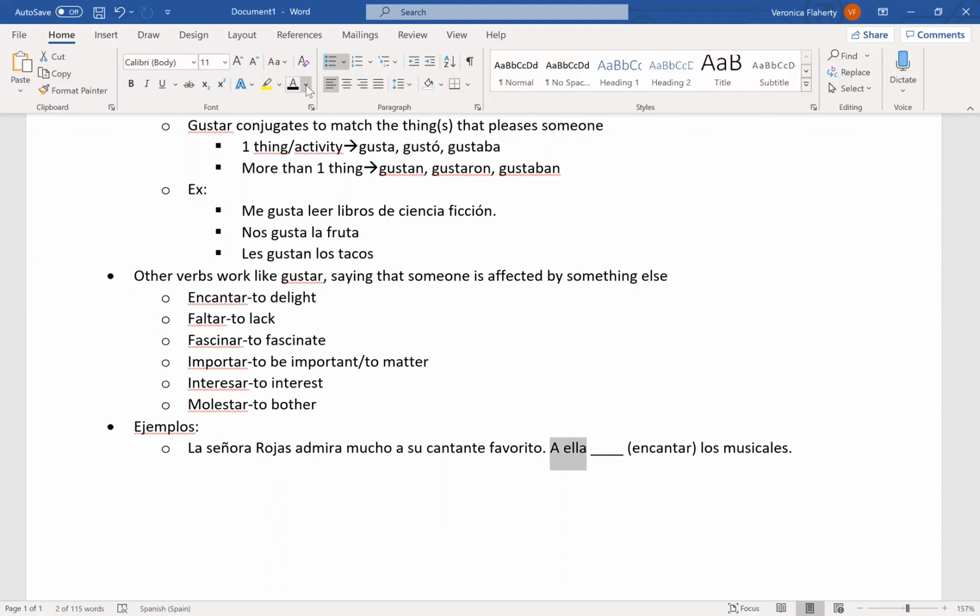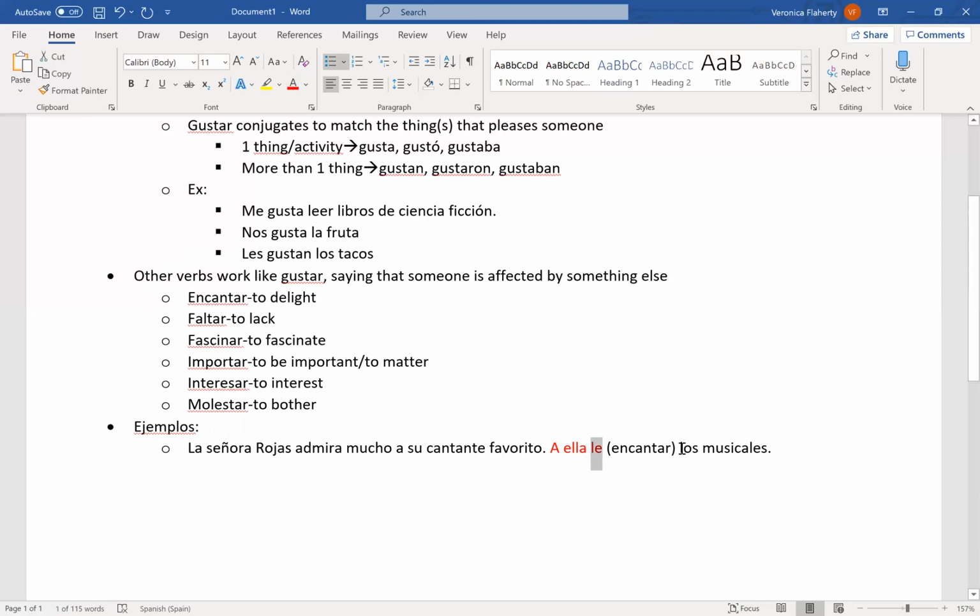So what will we put in the blank for a ella? We have six options. So we have me, te, le, nos, os, and les. Le. Those should match.